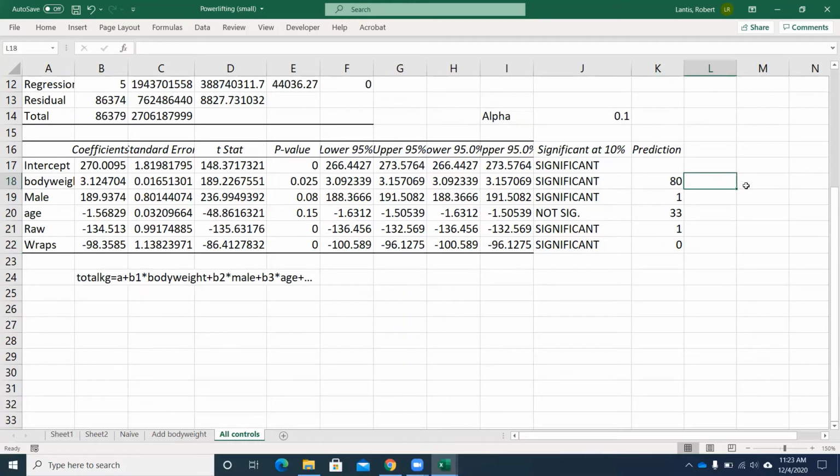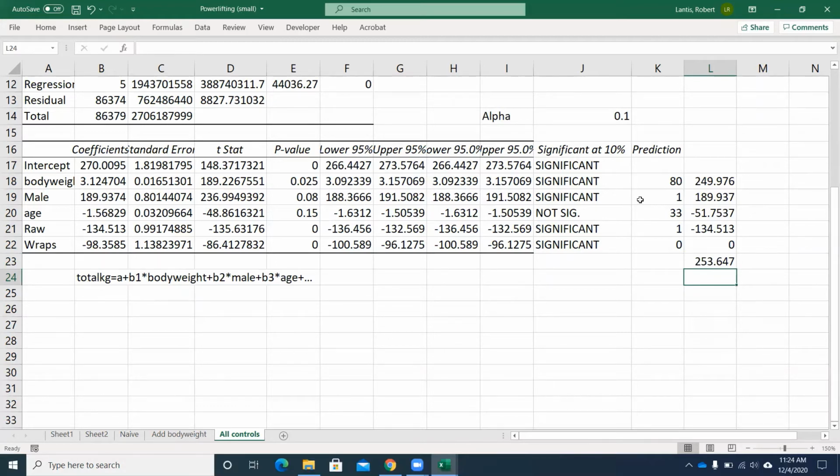So next to here, I could take that coefficient, B1, and multiply it by that person's body weight, which is right here. I copy this down. Now, for age, it's going to take the coefficient on age, B3, multiply by the age of the individual, and then to get the total prediction, that equation is telling me to add these all up. Now, that would give me the total kilograms for this individual.